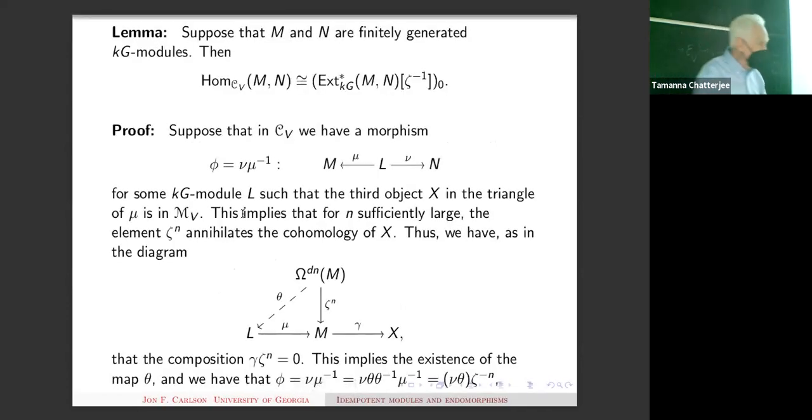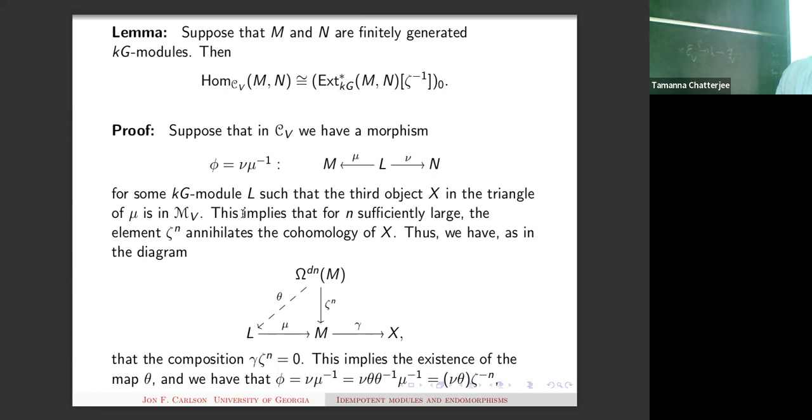Let's suppose that we have a morphism from M to N. So that means I go from M to L and from L to N. And the map from M to L is the inverse of a map from L to M, a map that has the property that the third object in the triangle of that map is in the subcategory that you want.